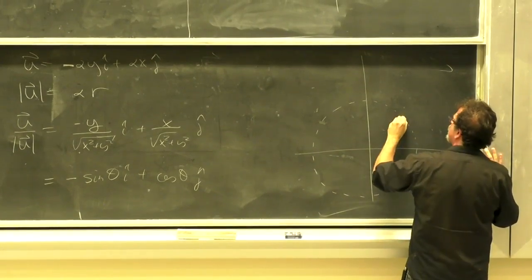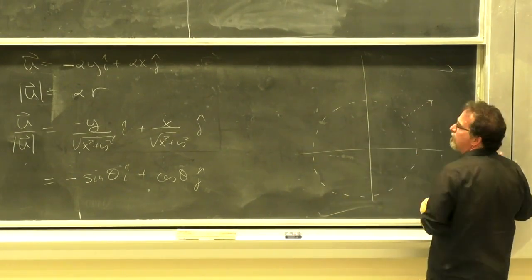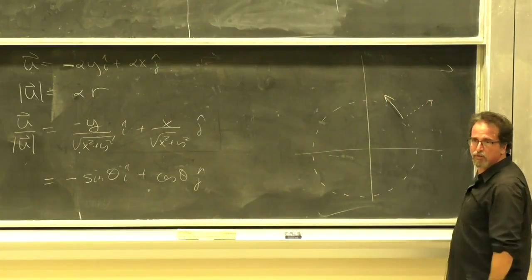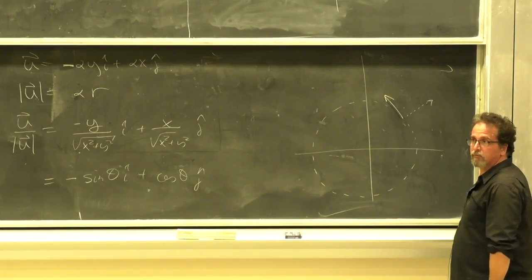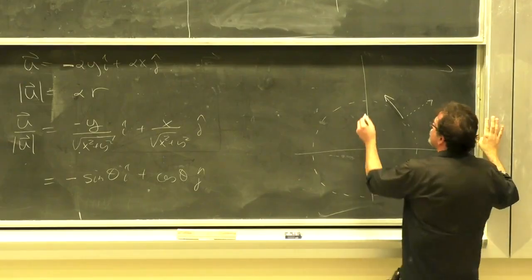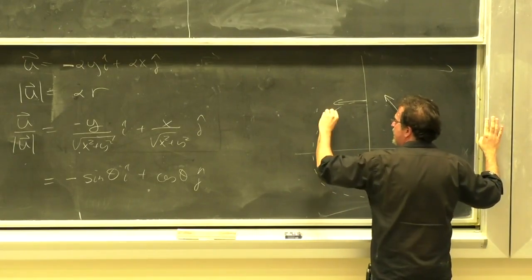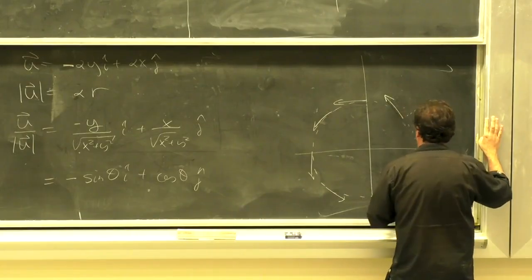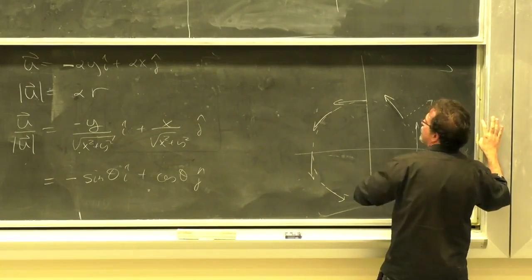The original vector field was pointing outward for alpha positive. This one is perpendicular. It's pointing along the circle, tangent everywhere to the circle, and it has the same length as the other vector field.